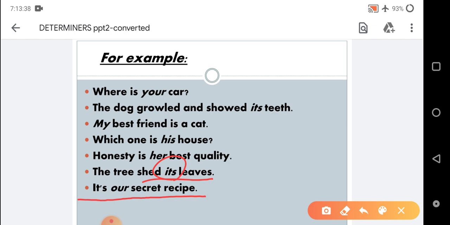It is not a combination of it plus is. So there is no apostrophe that we are putting here. Whereas in the last sentence, if you expand it, you will get it is our secret recipe. So it's with an apostrophe is a contraction of it plus is.